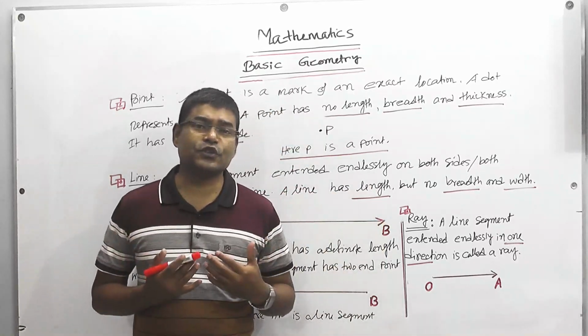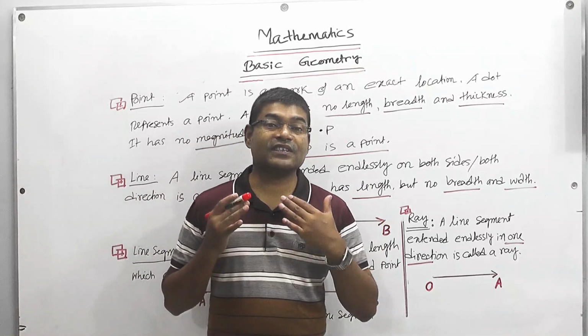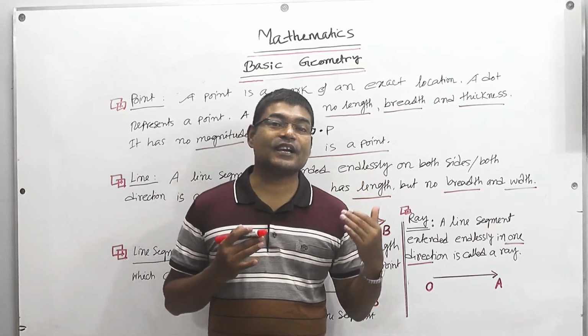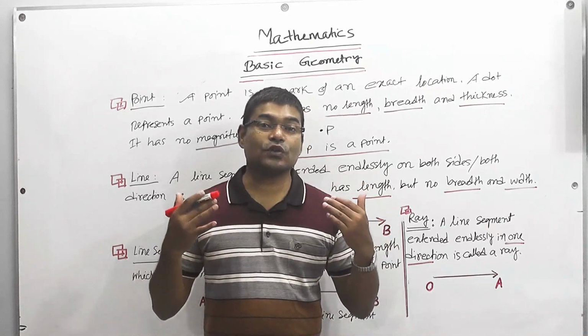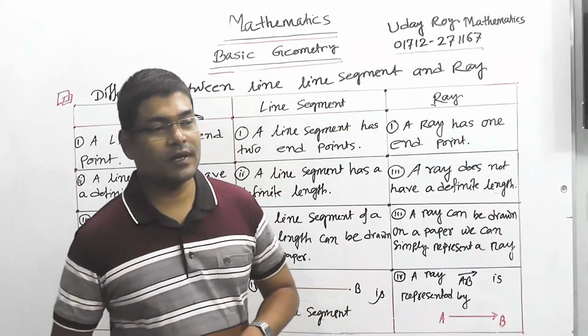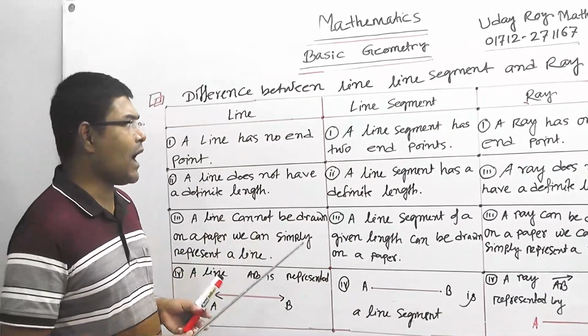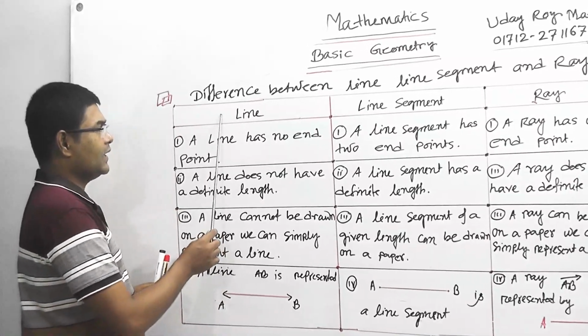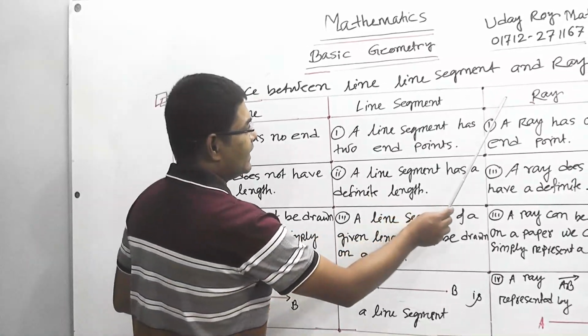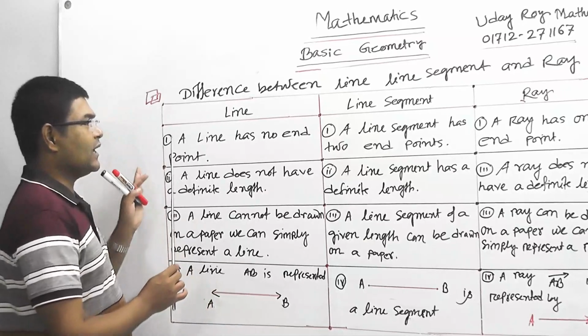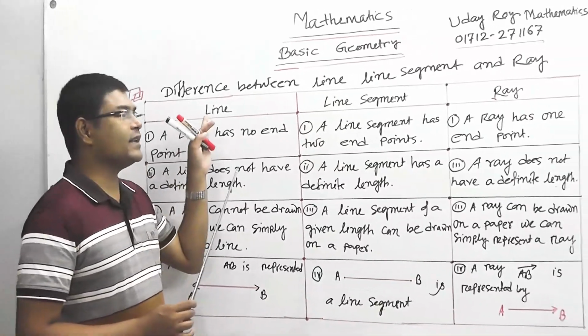So we have learned line segment and ray. Now we have to know the difference between a line segment and a ray. This is also important for you. You have to write it in this way. At first, write the nature.